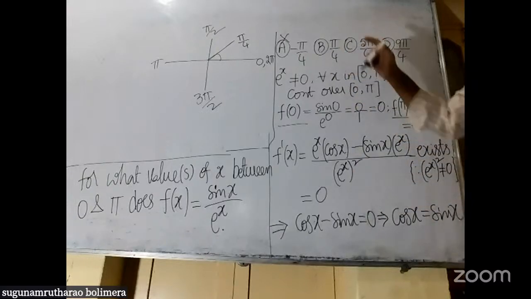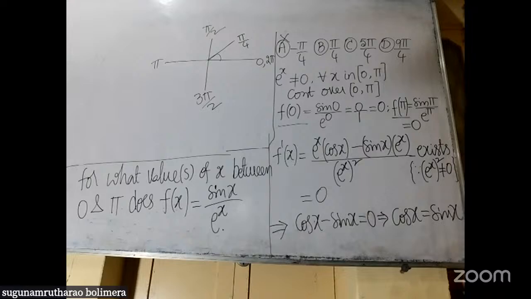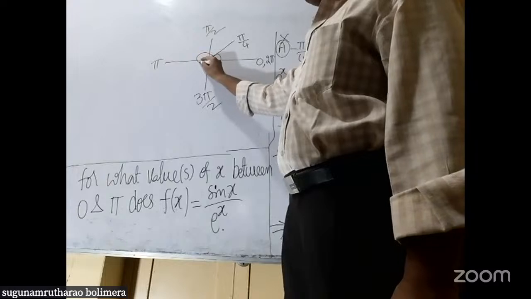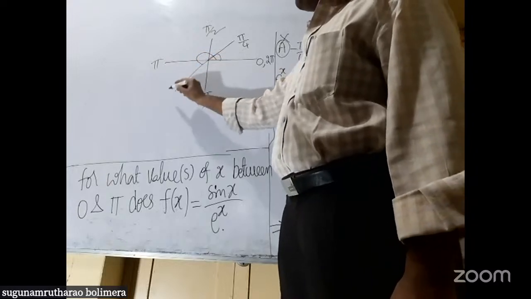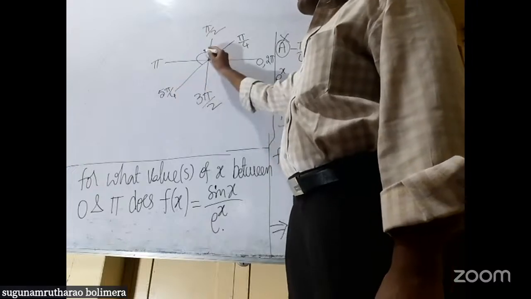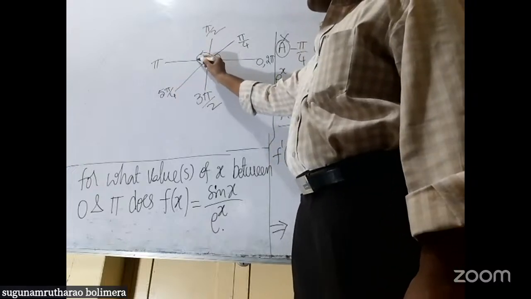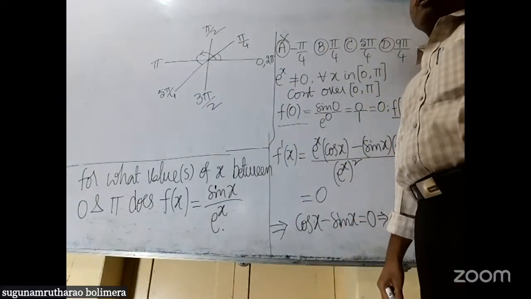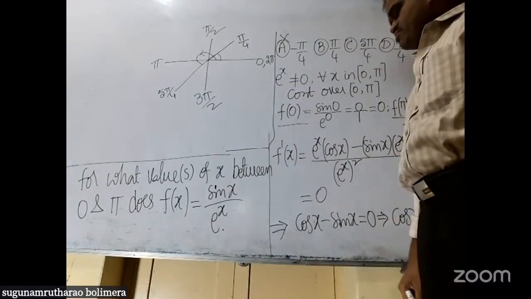Option B may be correct. 5 pi by 4 means pi plus pi by 4. If you come across the first quadrant and second one plus this, pi plus pi by 4 will be 5 pi by 4.